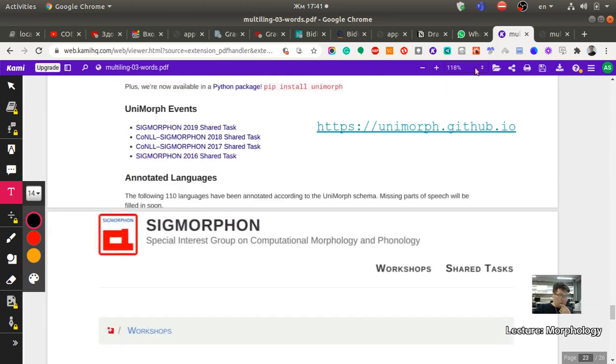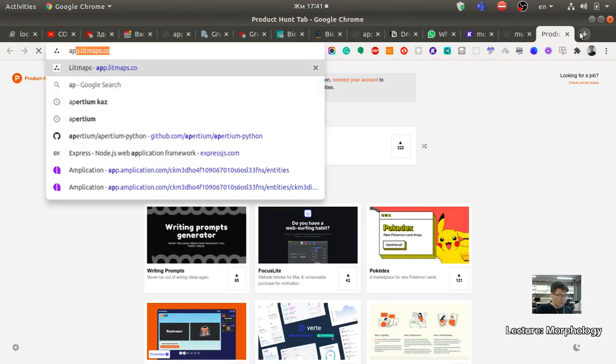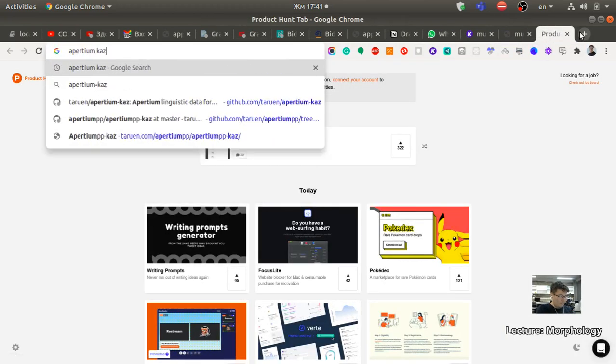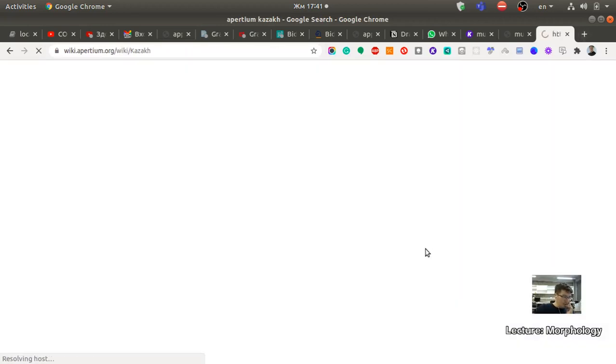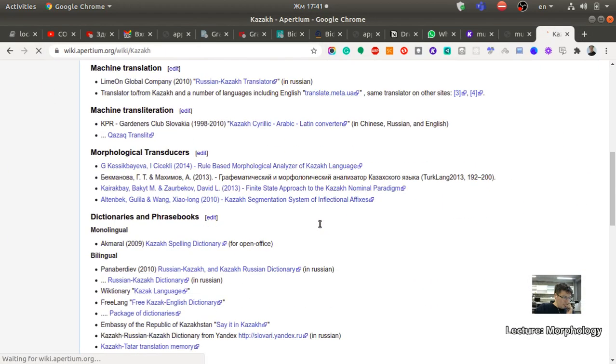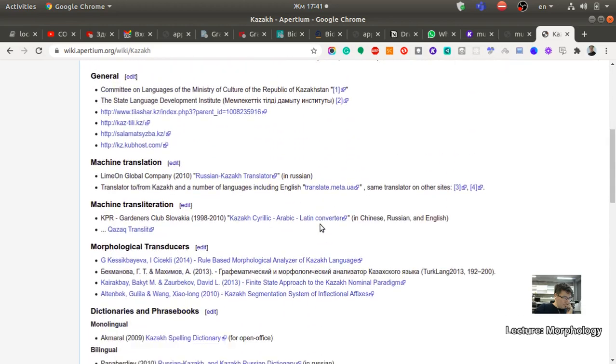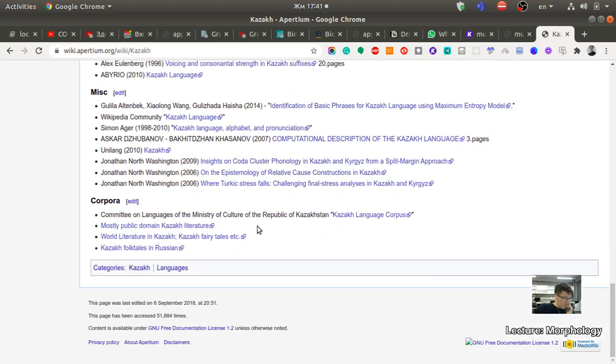But for example, for Kazakh, you can use Apertium. It's written in C++, but you also have Python.